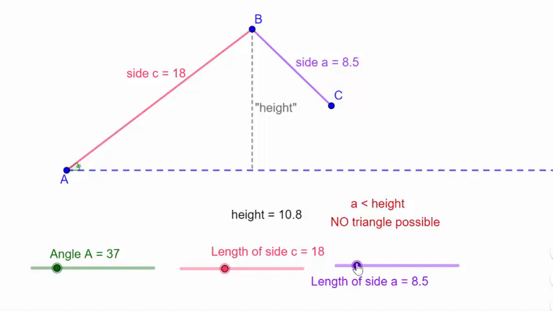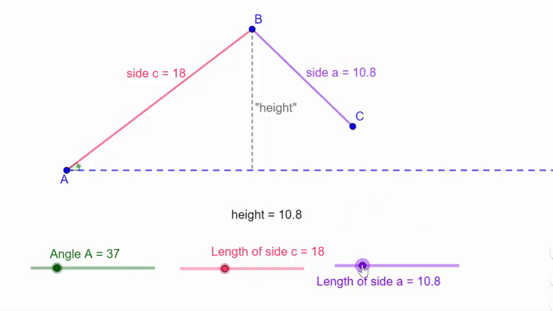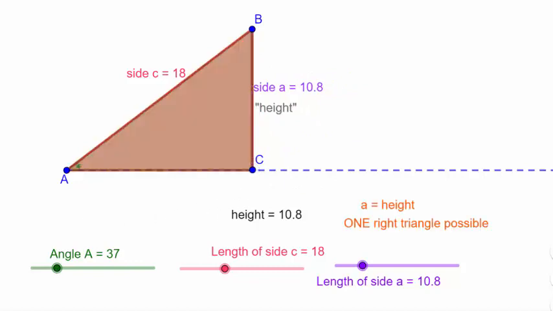So let's go ahead and adjust the side opposite our known angle amount. I'm going to make it a little bit bigger. So let's say in this case I make it 10.8, which is exactly equal to our height amount.